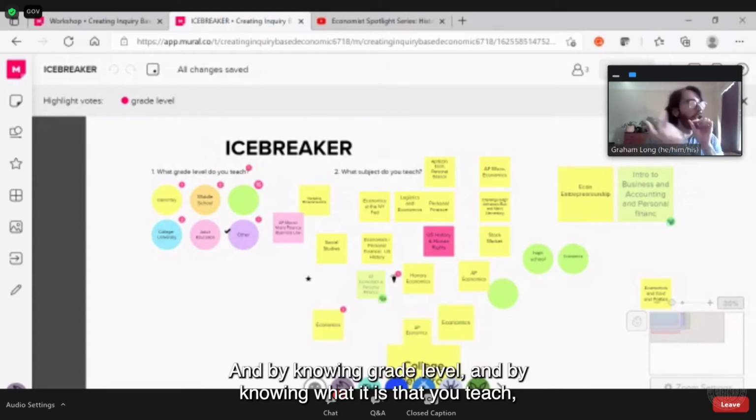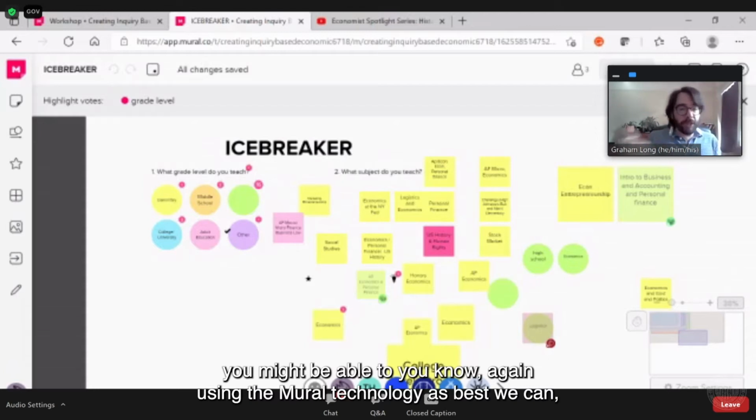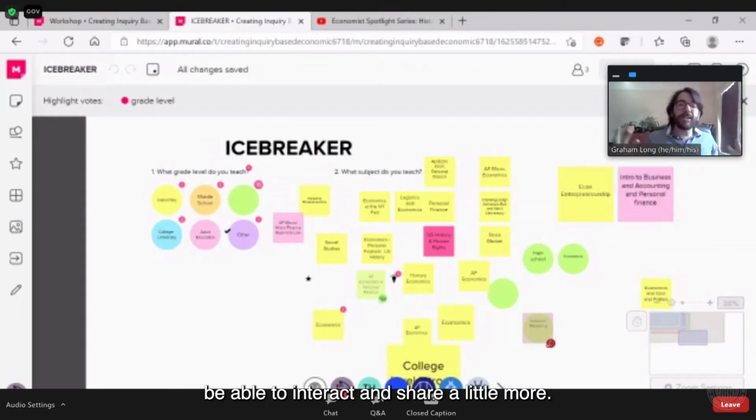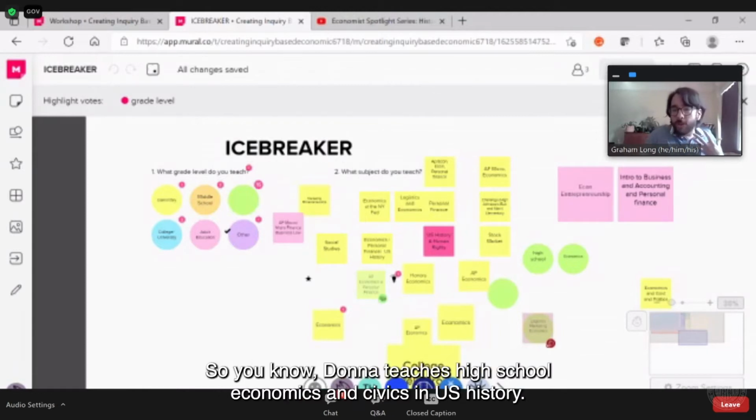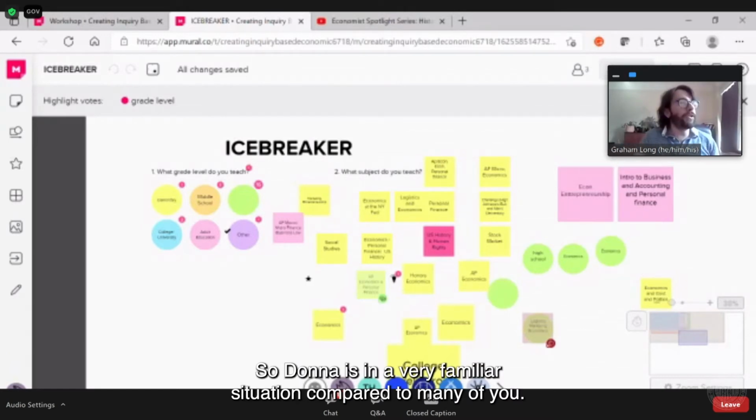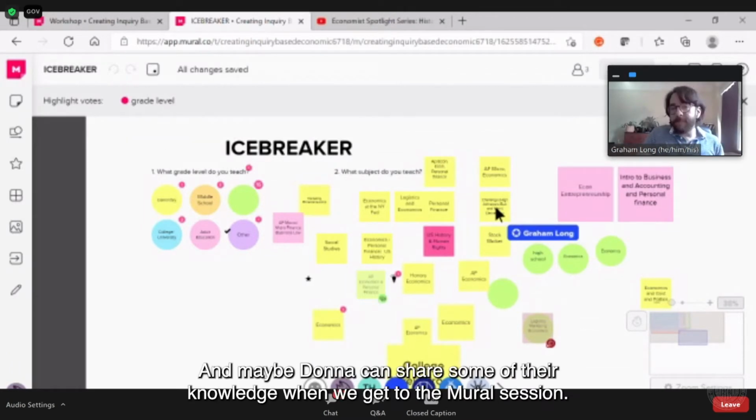And by knowing grade level and by knowing what it is that you teach, you might be able to, using the mural technology as best we can, interact and share a little more, right? So the fact that so many of you teach economics, you all kind of know. So, Donna teaches high school economics and civics and US history. So Donna is in a very familiar situation compared to many of you. And maybe Donna can share some of their knowledge when we get to the mural session.